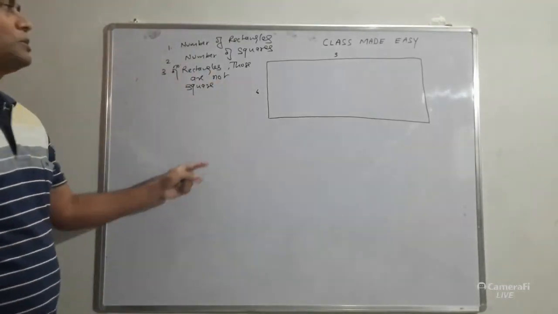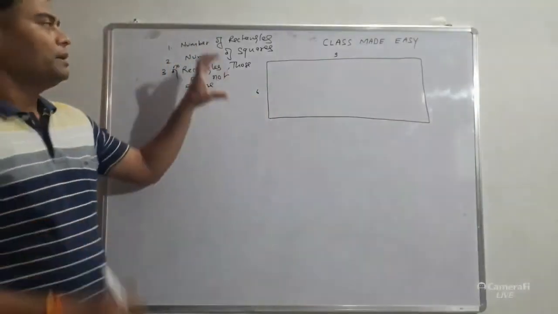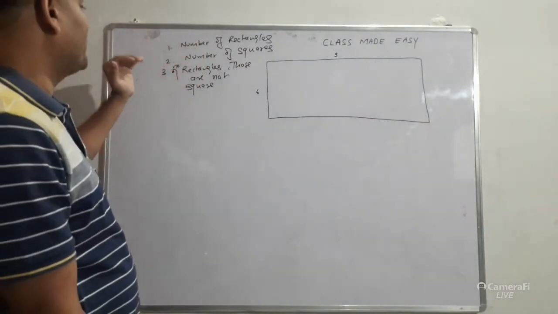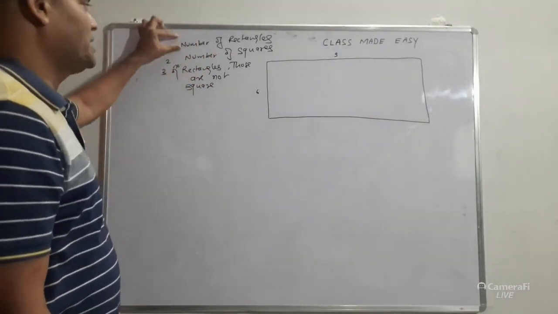In the previous video we also took a chessboard and calculated the number of rectangles, squares, and rectangles that are not squares. So here three things are there.